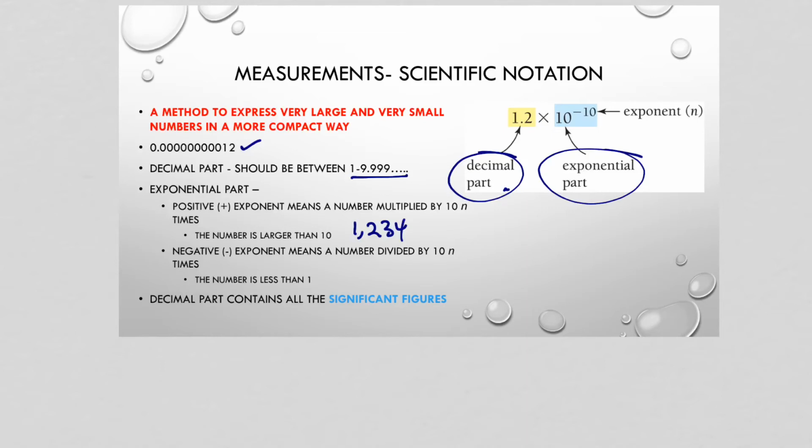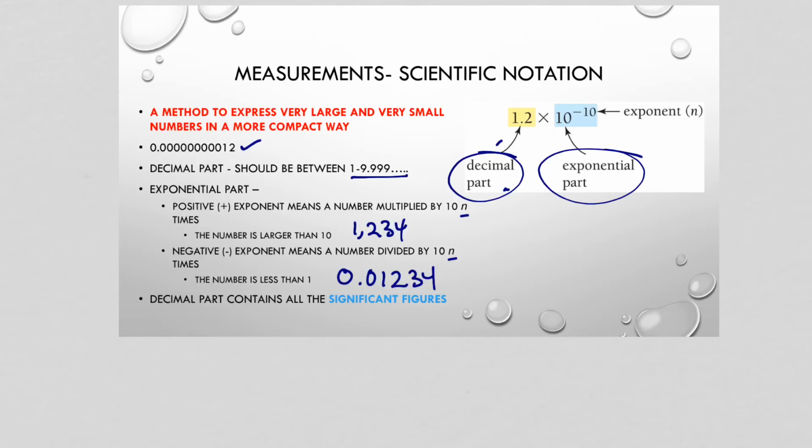A negative exponent indicates that in order to get to our decimal part, we had to divide a number by 10 n times, where n is the value of our exponential part. That also means that the original number was less than 1. For example, 0.01234. Putting that into scientific notation would result in a negative exponent.